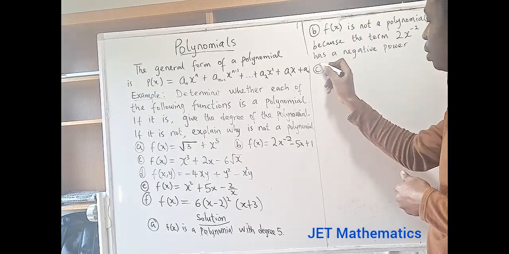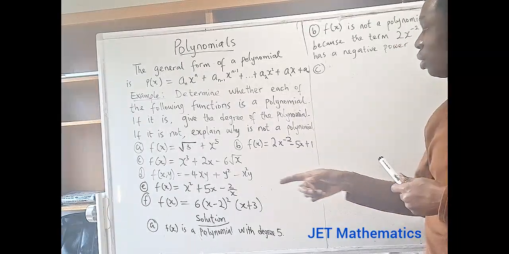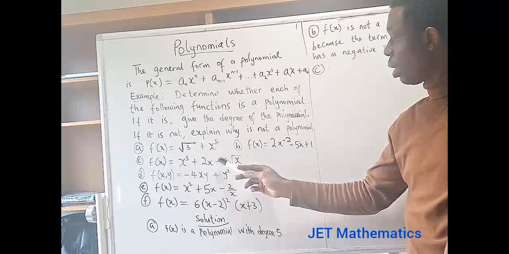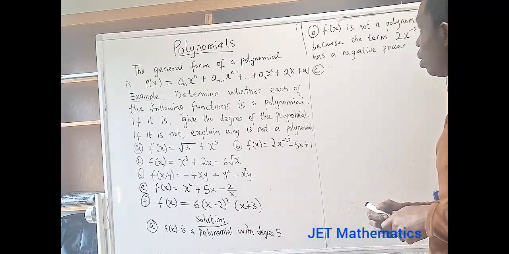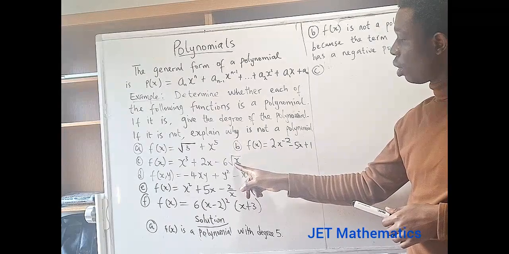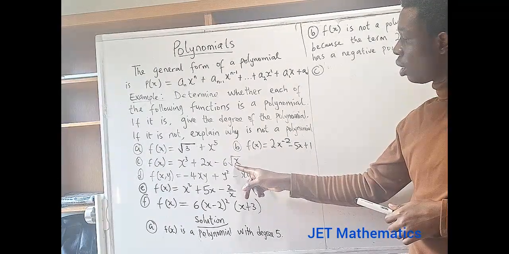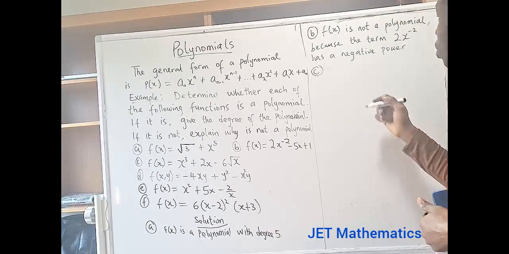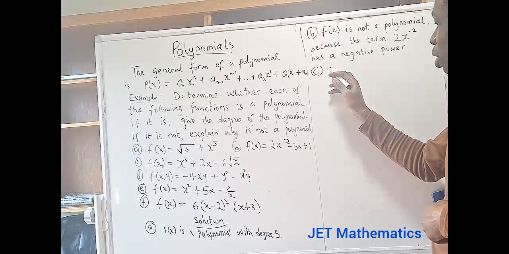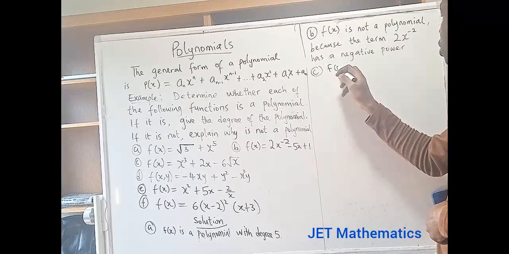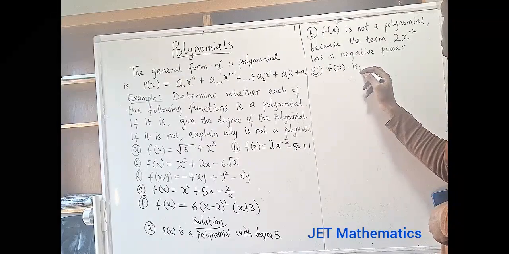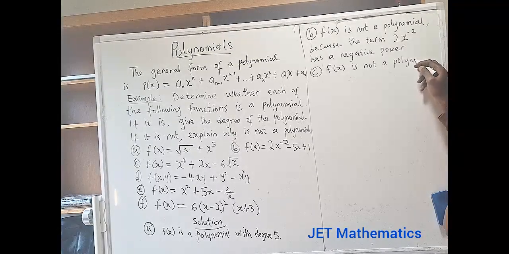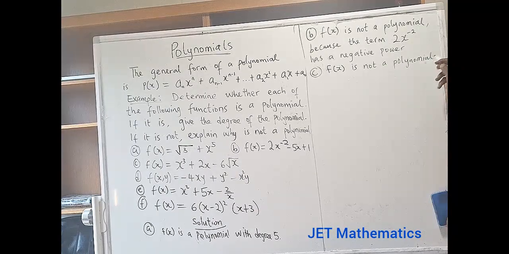So quickly, let's look at c. C is x cubed plus 2x minus 6 root x. This again is not a polynomial because x here is carrying a rational power. So we say that f of x for c is not a polynomial. Why?